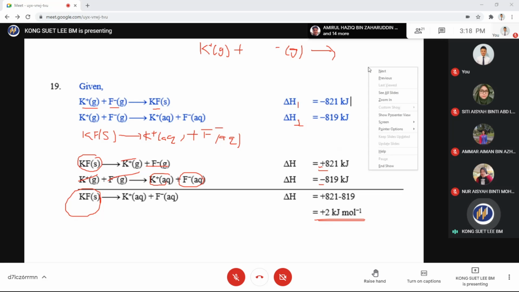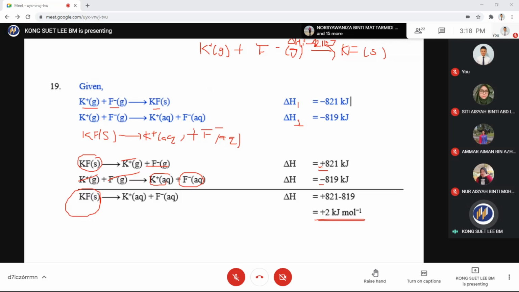Now I'm showing the second method. So this is F negative, so it's KF solid. So this is lattice energy. What is the value over here? Negative 821 kilojoule. Of course, don't forget to write enthalpy H1 equals.